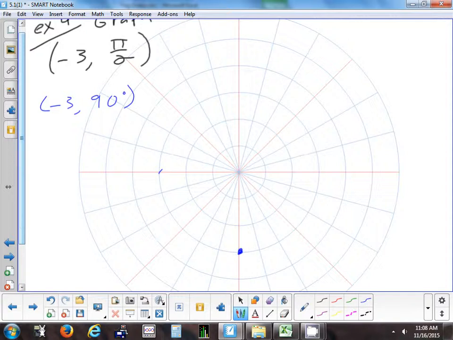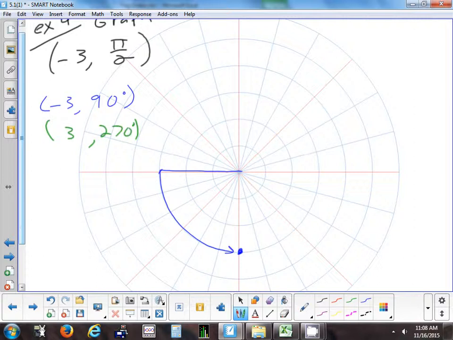So this one I'm going to draw just to show you how we got to it. We went left, counterclockwise. What's another way we could get to that point? Anybody give me another coordinate that would get me to the same spot? Let's see, 3, 270.